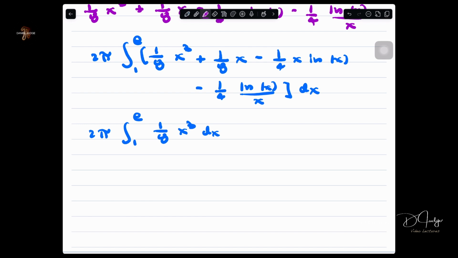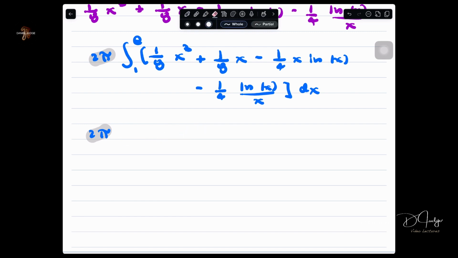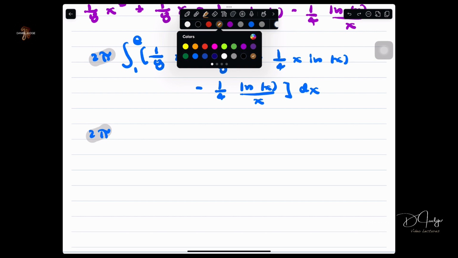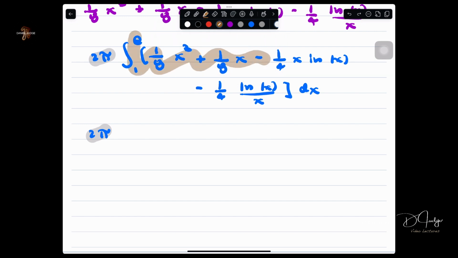And I mean, we're going to take a chance. Here's what I'm going to do. I'm going to try to keep that constant in memory, and we're going to try to focus on these integrals here. There's going to be 4 of them.